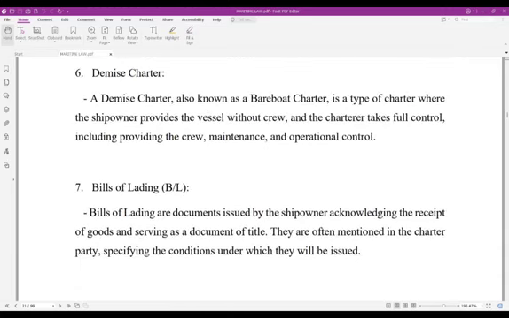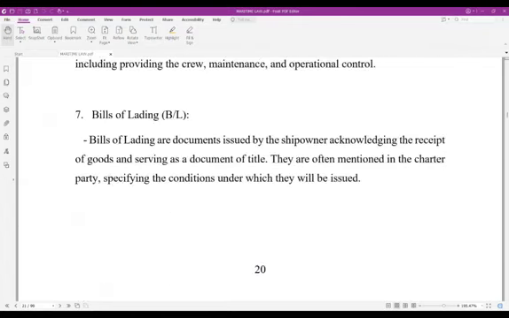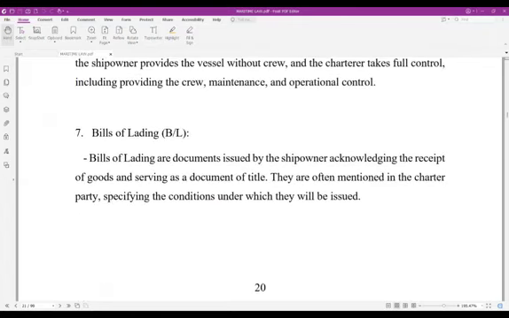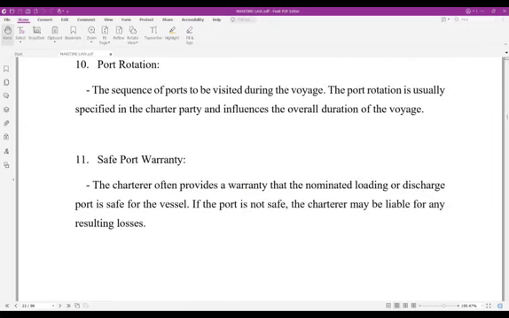They are often mentioned in the charter party, specifying the conditions under which they will be issued.